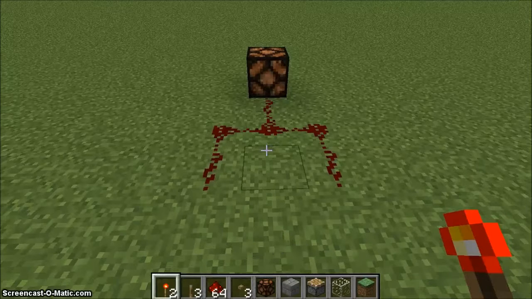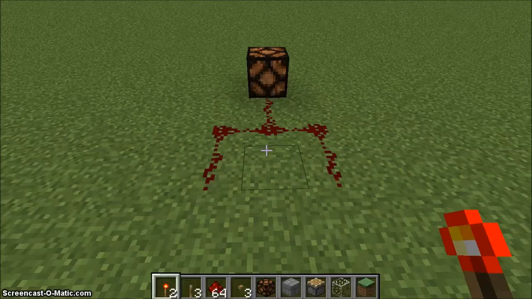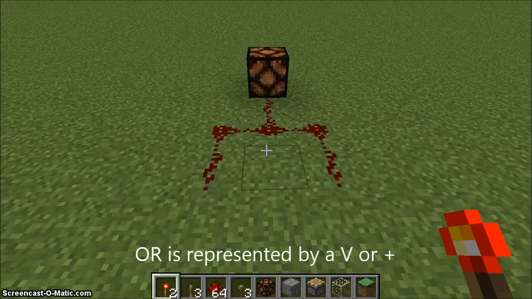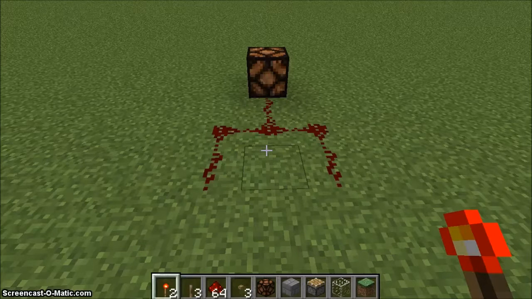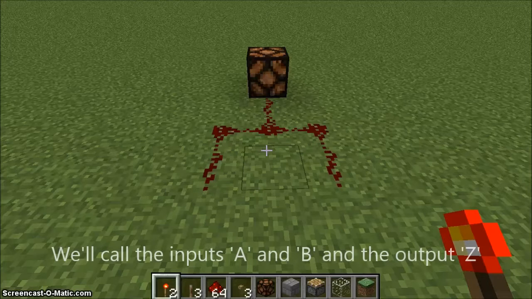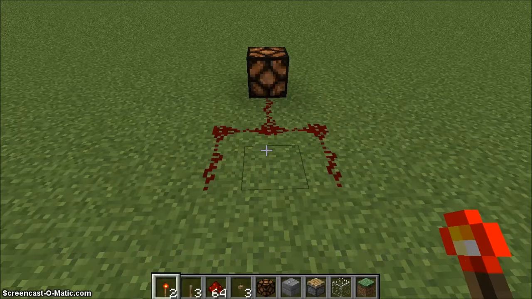The next Boolean function is the OR function, or in logic the OR gate. This is very easily accomplished in Minecraft by simply joining two lines of redstone together. The output of the OR function is 1 or high whenever either of the inputs is 1 or high. It is only 0 if both inputs are 0.